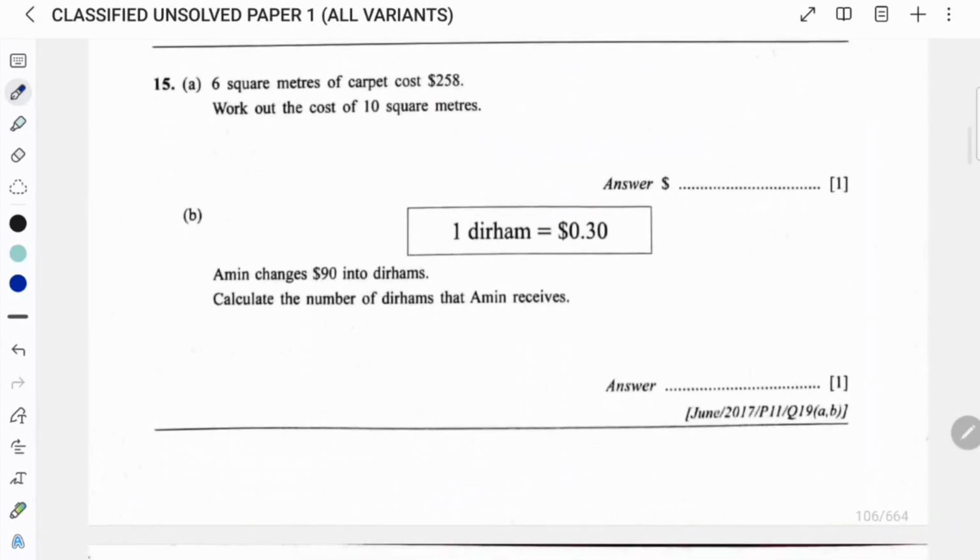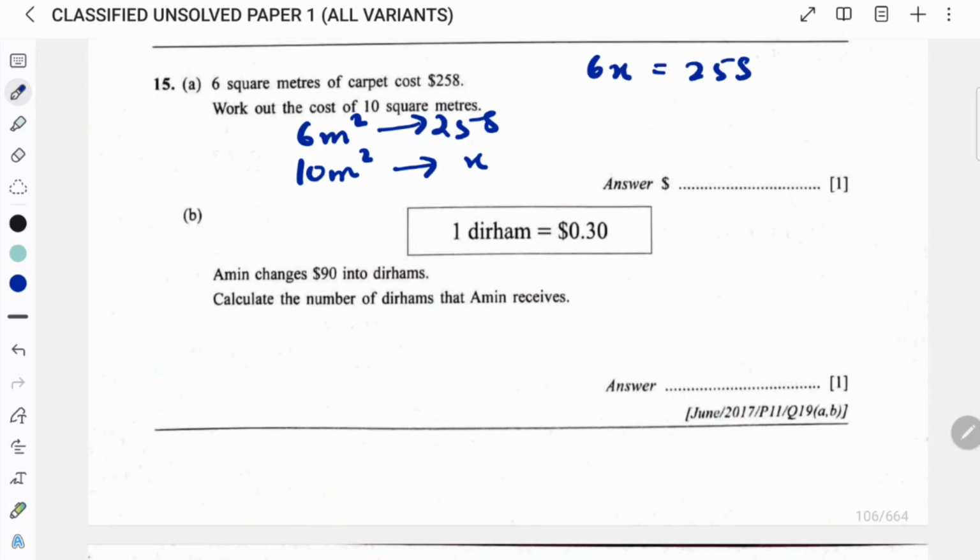Okay. Now the 15th question. In the 15th question, 6 square meters of carpet cost $258. Work out the cost of 10 square meters. So 6 square meters cost 258, and 10 square meters cost x. Cross multiply: 6x is equal to 258 times 10, so x is 258 times 10 divided by 6.